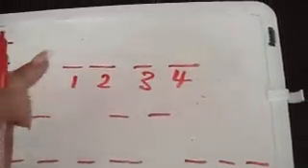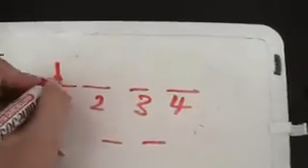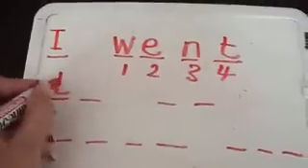Went. Now I would put the numbers underneath for them because in prep in the first week or so they're not going to be drawing their numbers properly. Went. What can you hear there? Went. Right, let me fill it in. There's the picture for went. I went to. What do we hear here? To.